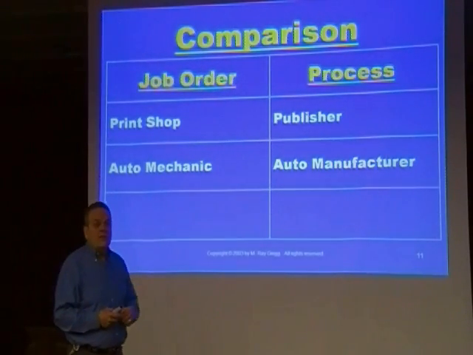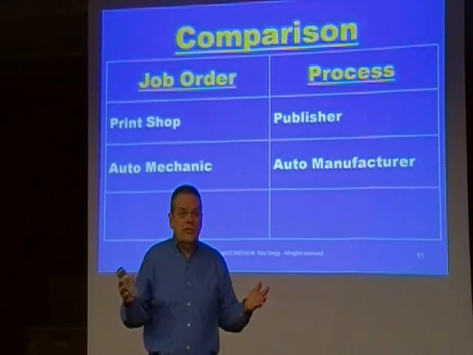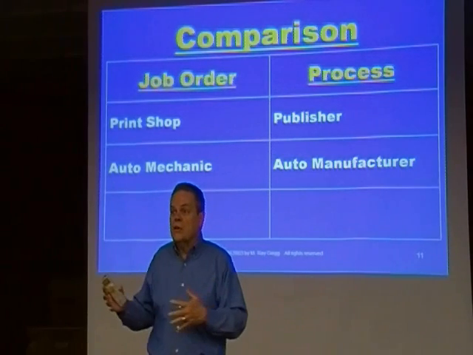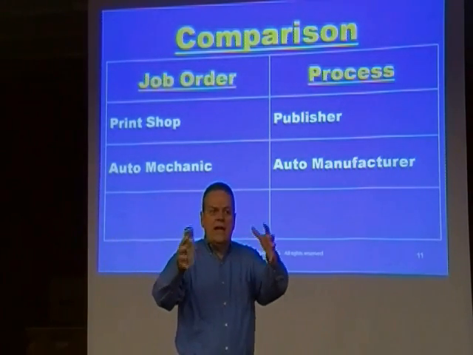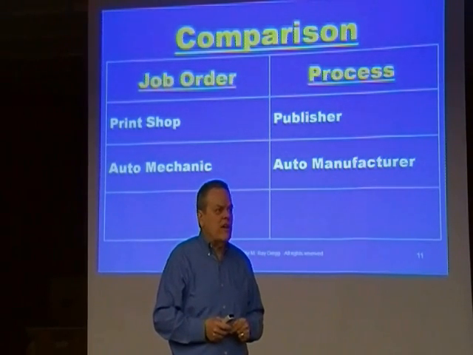Well, an automobile manufacturer produces a lot of units that are the same. So Honda or Toyota or General Motors or Chrysler is sending that automobile down the assembly line, and all those costs are probably accounted for in process cost fashion.